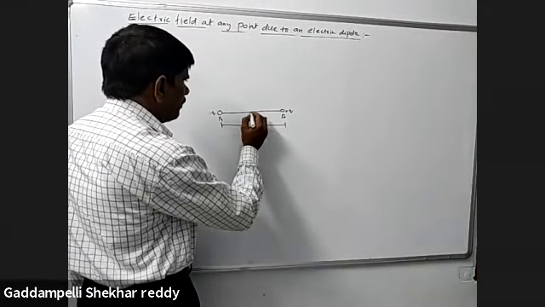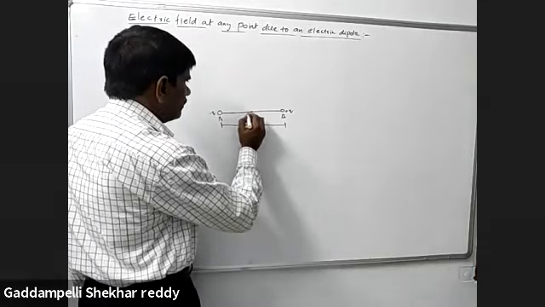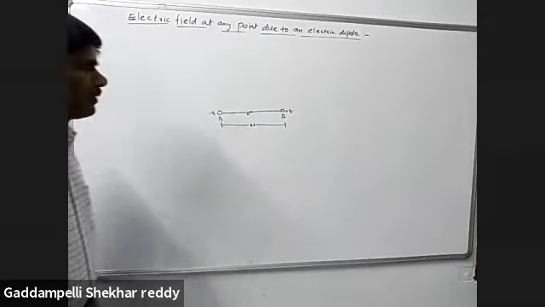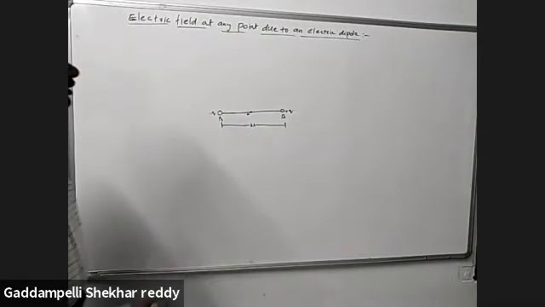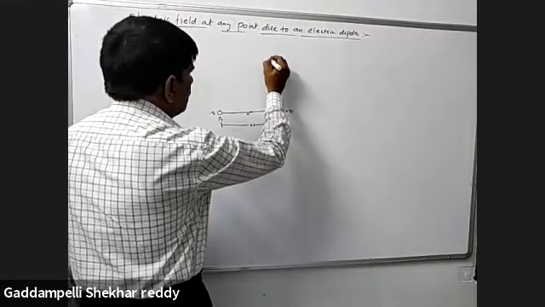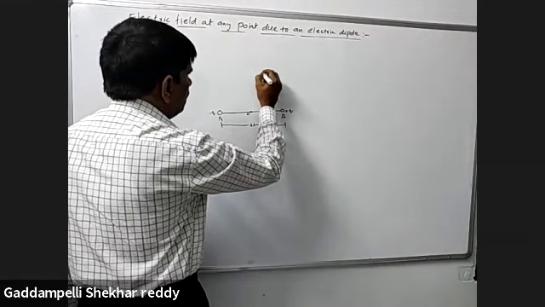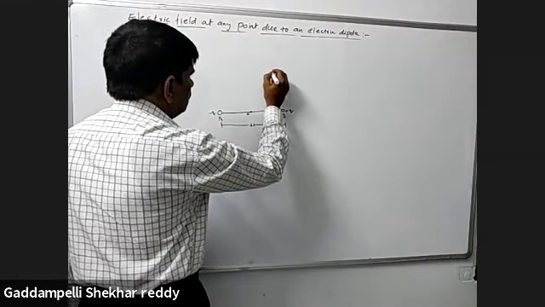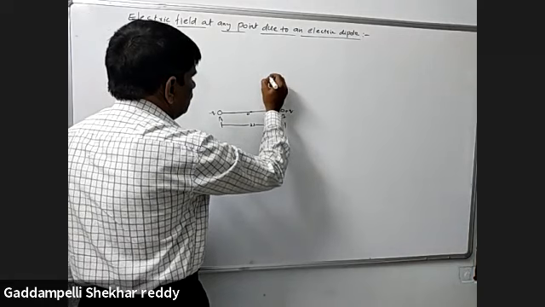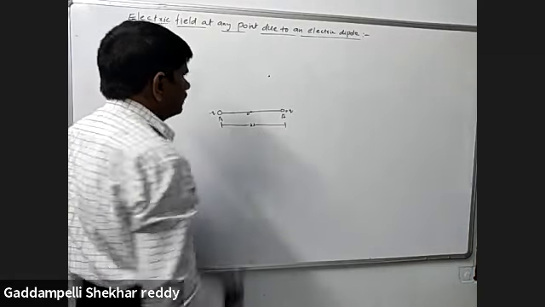Now consider one point at the exact center, known as the center of the dipole. Our aim is to find the field at any point. Consider this point P.